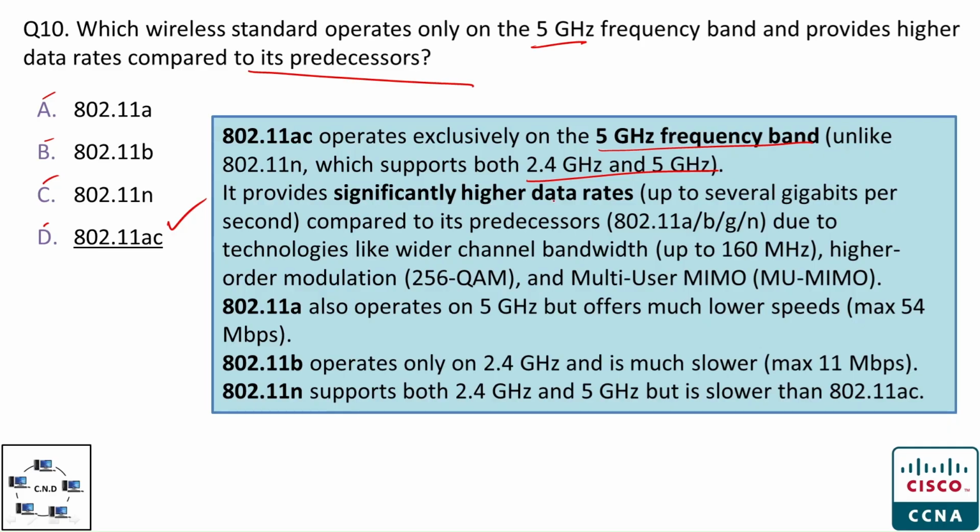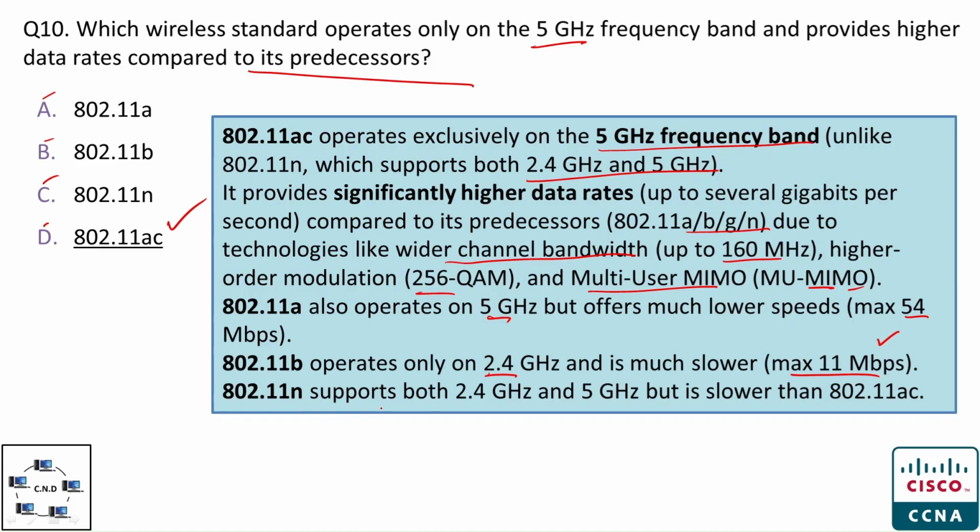It provides significantly higher data rates, up to several gigabits per second, compared to its predecessors 802.11a/b/g/n, due to technologies like wider channel bandwidth up to 160 MHz, high order modulation 256-QAM, and multi-user MIMO, that is multi-user, multiple-input and multiple-output. 802.11a also operates on 5 GHz but offers much lower speeds, maximum 54 megabits per second. 802.11b operates only on 2.4 GHz and is much slower, maximum 11 Mbps.